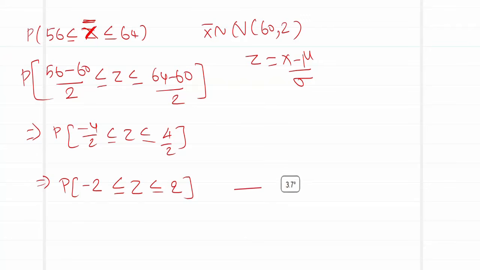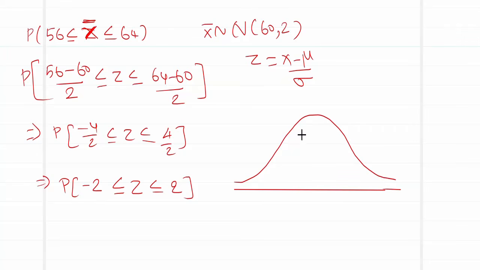So draw your normal distribution graph. We know that the normal distribution graph is going to be a bell-shaped graph. So in this bell-shaped graph, we have the center line denoted by z equal to 0. And now this varies between minus infinity to plus infinity. The first point I want is z equal to minus 2.